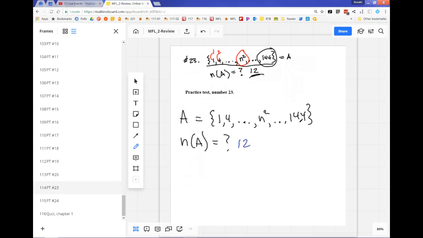N represents all of these numbers. So if you take a number and multiply it by itself, the last number is 144. What number times itself equals 144? Oh, 12. Yep. That's how you have to do that one.